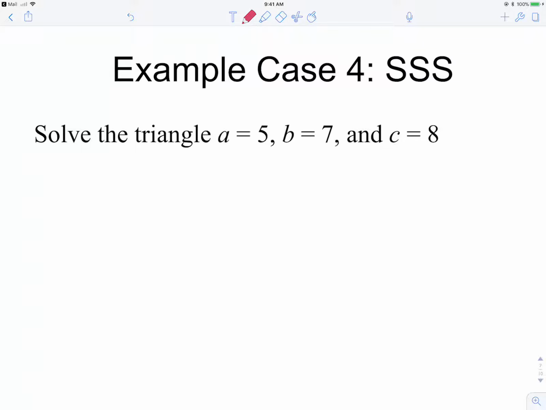So you could do 8 squared equals 5 squared plus 7 squared minus 2 times 5 times 7 times the cosine of beta.